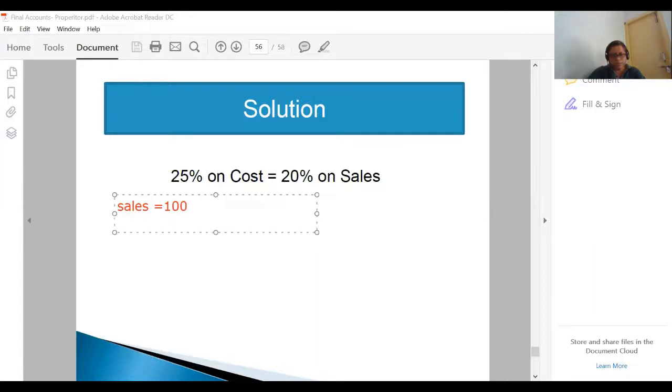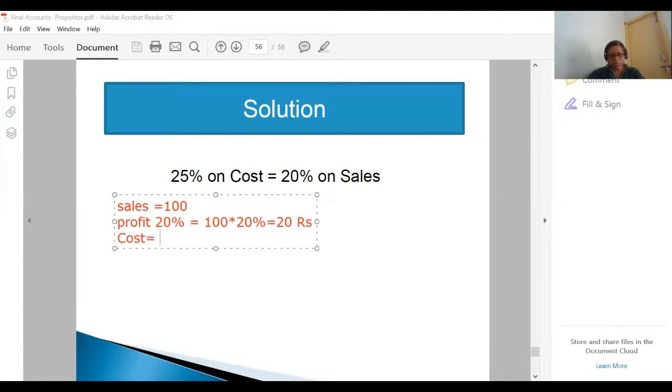Profit is 20%, that is 100 into 20%, that will give us 20 rupees. Your cost is equal to sales minus profit, that is 100 minus 20, that is 80 rupees.